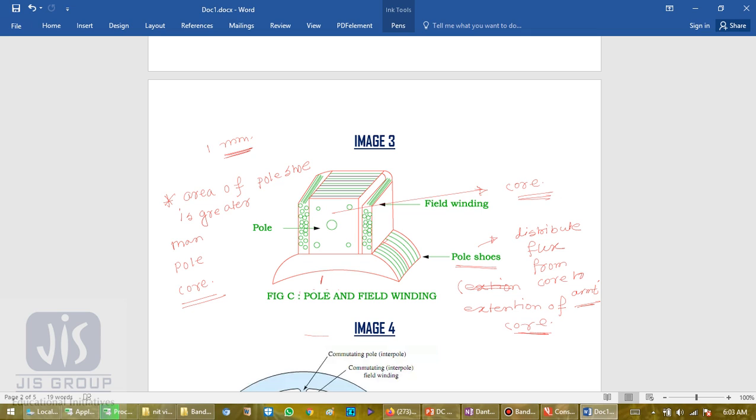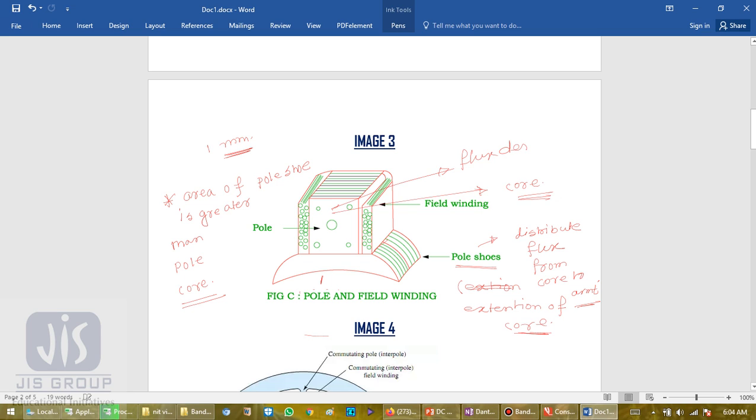The reason is that the pole core usually has much higher flux density, because the pole core is basically on the winding where the main flux is produced. So here the flux density is higher than that permitted in the air when it is distributed through the air gap. So from where it is getting distributed, the area should be higher, because here the flux density is very high.